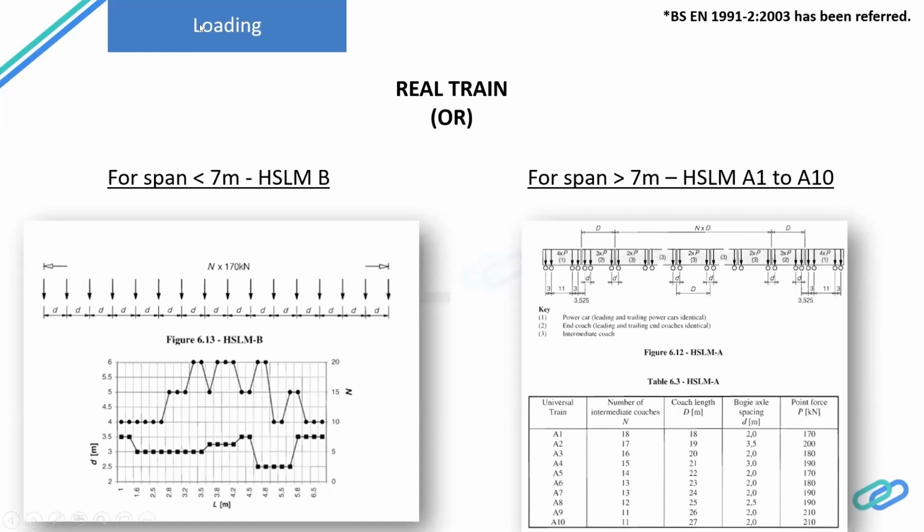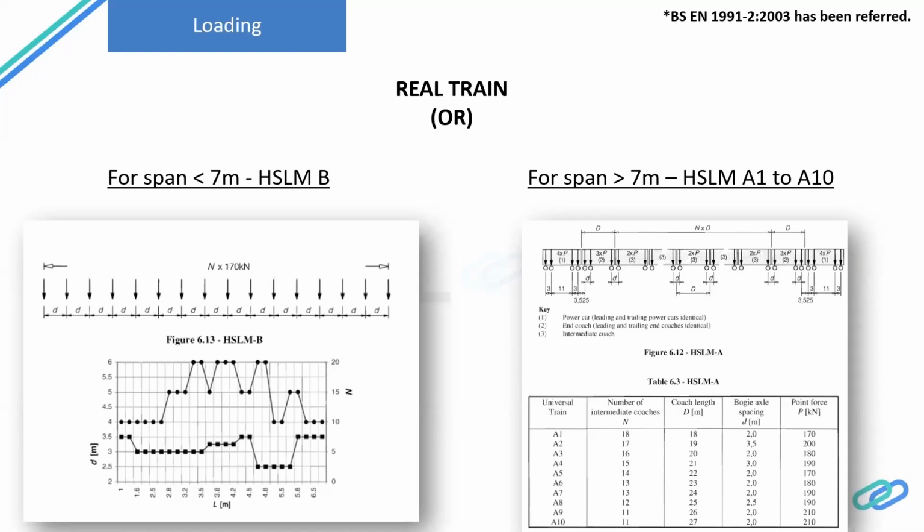The first one is the loading. Loading is the vehicle load, that means the train load. In the Eurocode, they have given two options. When it is a real train, meaning the train they are going to bring from the supplier and run over the track, then they can use the wheel configuration and wheel load from the train.